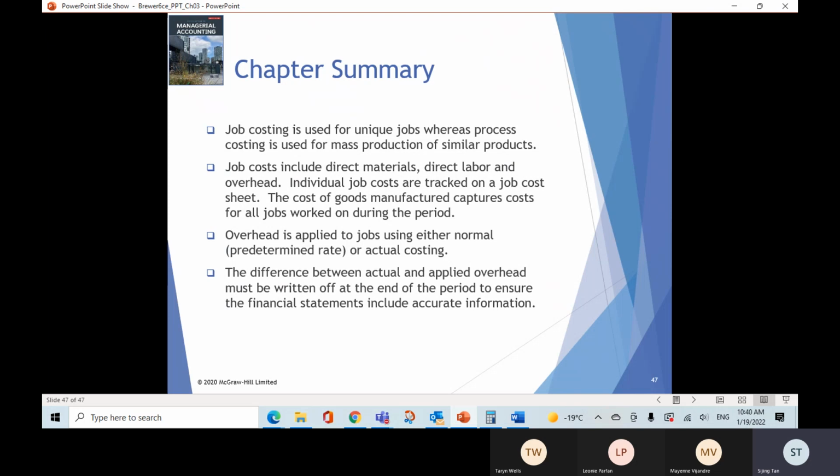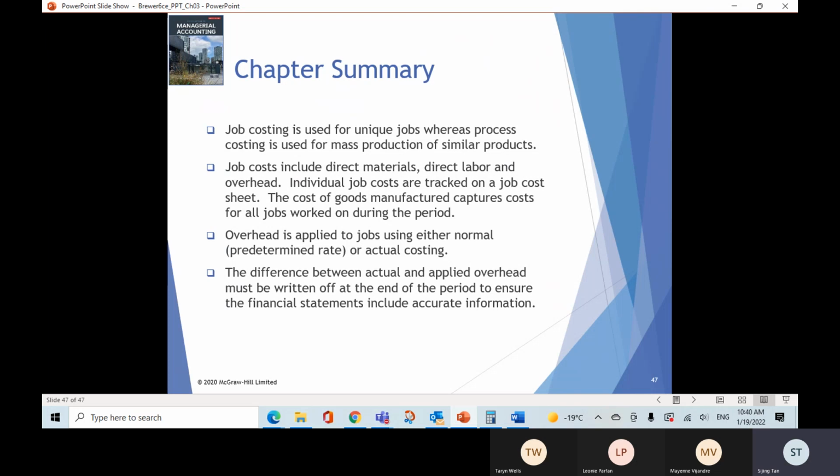Then, lastly, we mention job order costing in the service company. We have examples like law firms, right? Although our attention has focused on manufacturing applications, it is also used in service industries, for example, in a law firm we talked about at the very beginning. Each client represents a job.